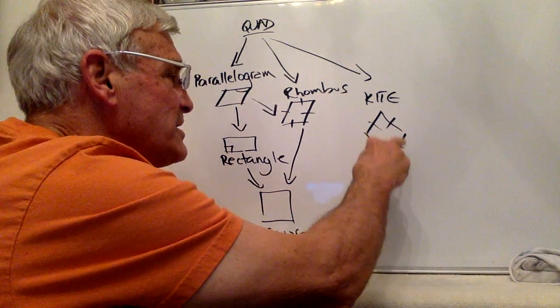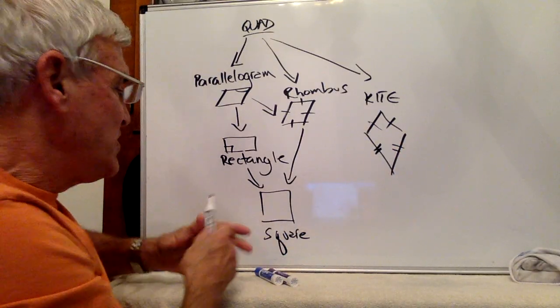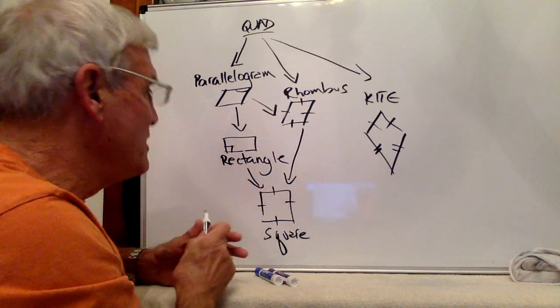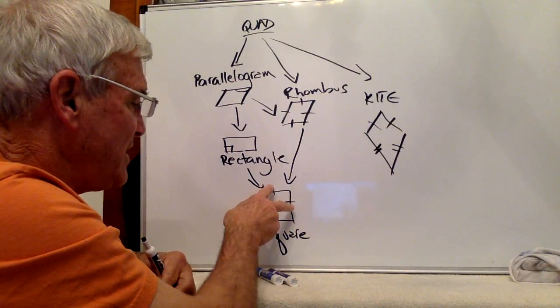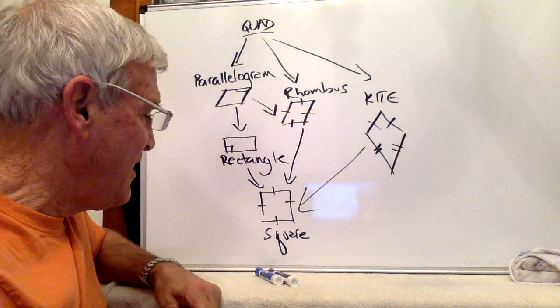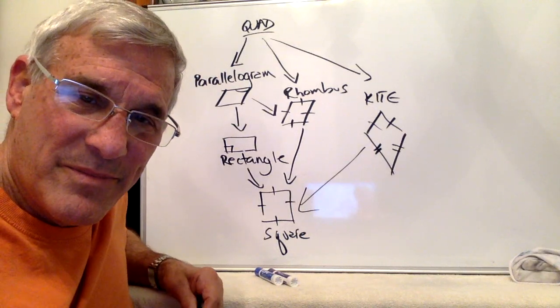So these two sides and those two sides. Well, since a square is a rhombus, all the sides are congruent. So in essence, these and these are congruent. So every square is also a kite.